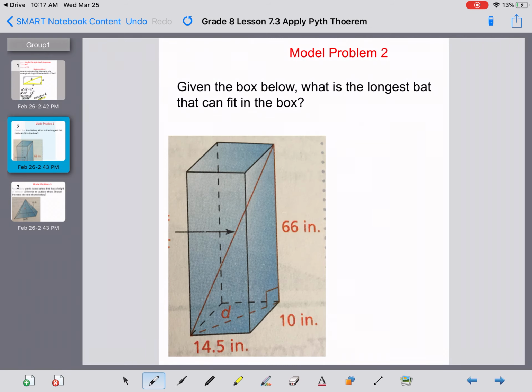Given the box below, what is the longest bat that can fit in the box? Take a second to copy down the question and a quick sketch of the diagram.